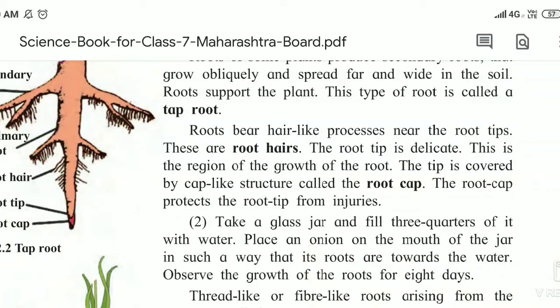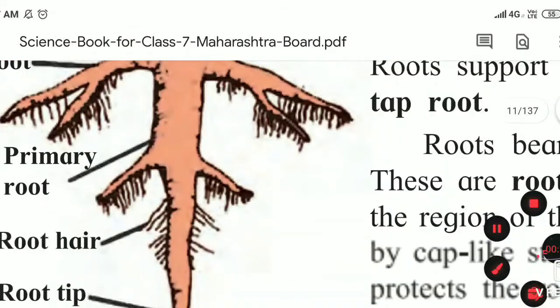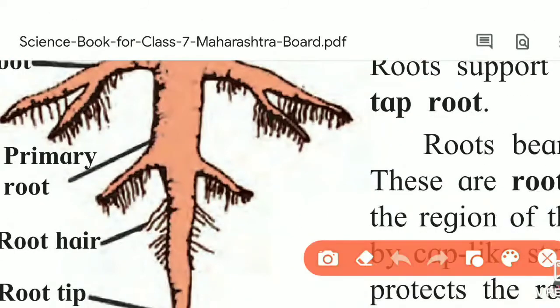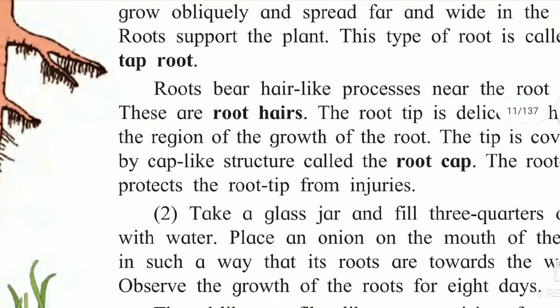Now, roots of some plants produce secondary roots, which we have seen are called secondary roots. Now roots bear hair-like processes near the root tips. If you see this picture, you will notice that these roots have a root cap, for the protection of the root tip from any obstacle.